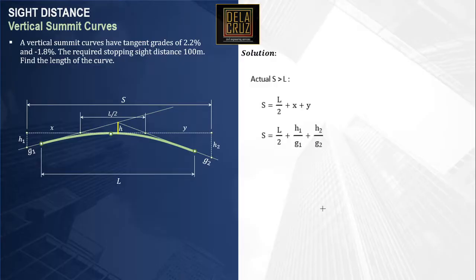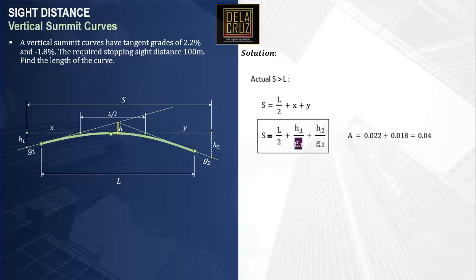But in this scenario, we cannot use directly G1 and G2 here, which is 2.2% and negative 1.8%. What will remain constant here is the actual value of the change in grade, that is the A, which we calculated, that is 0.022 plus 0.018, that is 0.004. Okay, this is the only constant.